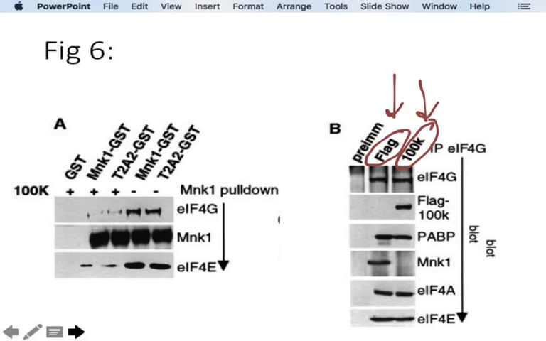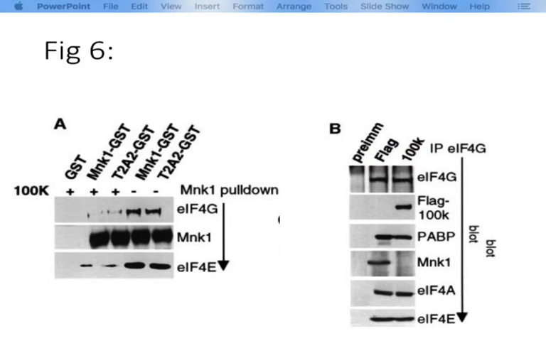Okay. We'll go ahead and skip figure 8. I didn't want to do all of 6 and 7 because it talks about how 100K actually binds to EIF4G, and that's not something that I think is incredibly valuable for what we're doing right now.